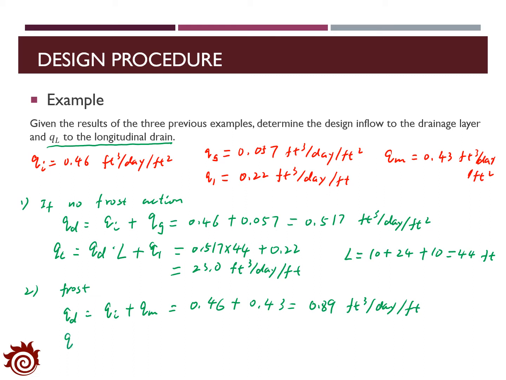And we can find out the inflow to the longitudinal drain as Qd times L. As here we don't have any groundwater seepage, so we don't apply Q1. With that we get 0.89 times 44, that is 39.2 feet cube per day per feet. So that's the way for us to find out the design inflow and the inflow to the longitudinal drain.